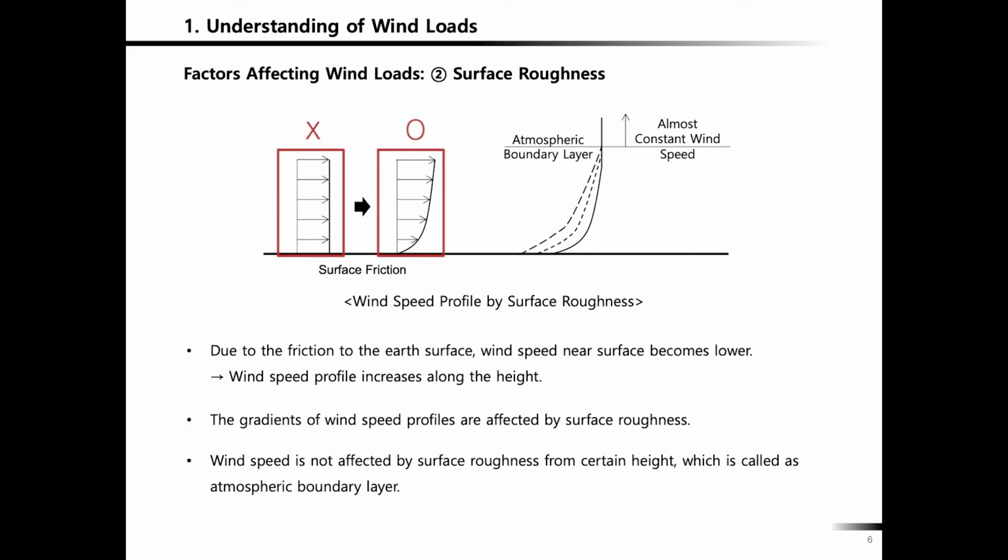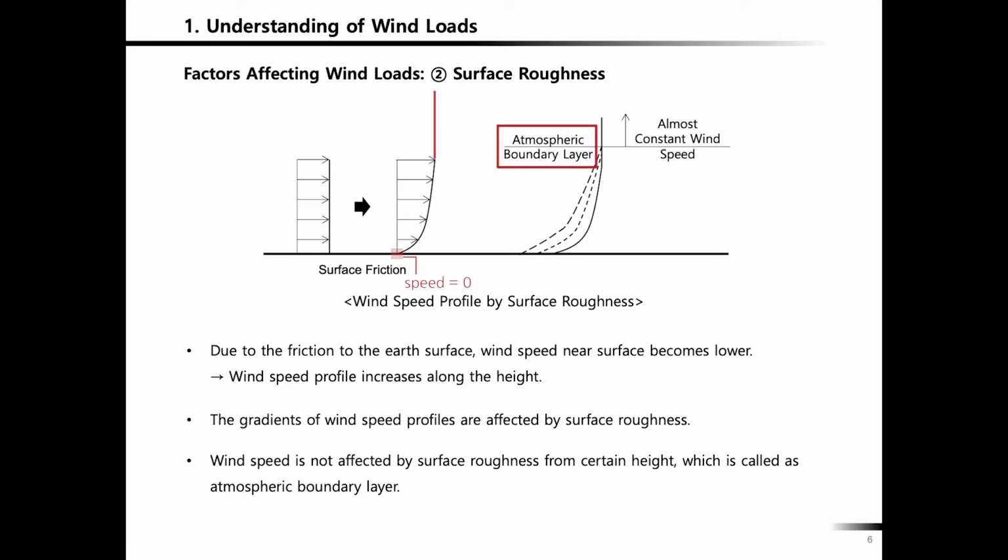Okay, so at the surface, wind speed is 0, so almost no wind, and then it increases exponentially, and it becomes constant all the way above a certain height. Well, it's not really straight. Okay, like this. And that layer is called boundary layer.